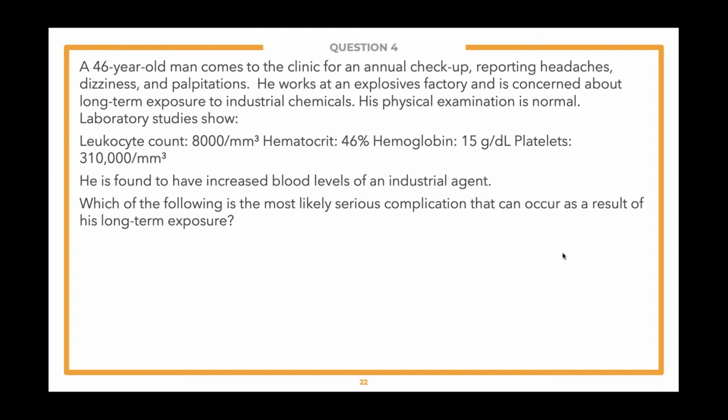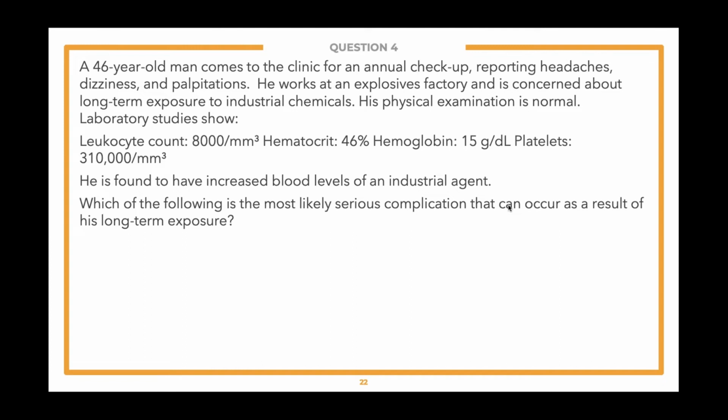All right, give you a few more seconds here. All right, well, let's take a look at that vignette. A 46-year-old man comes to the clinic for an annual checkup, reporting headaches, dizziness, and palpitations. He works at an explosive factory and is concerned about his long-term exposure to industrial chemicals.